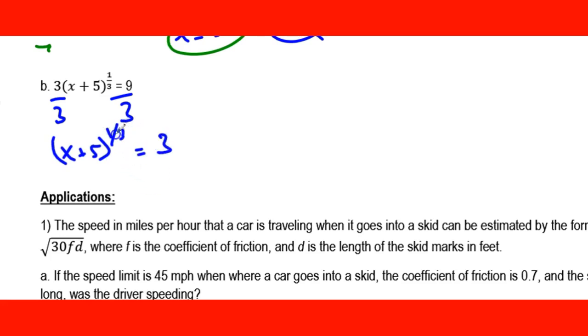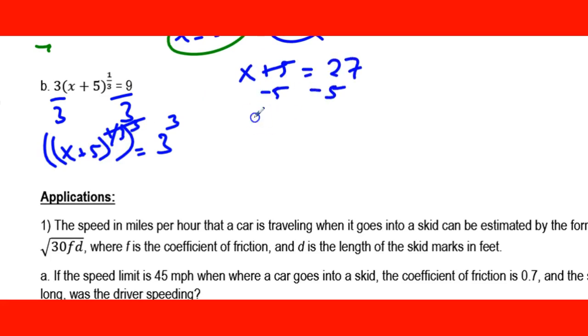Then to get rid of this 1/3, we're going to raise both sides to the 3rd power. That cancels, and I'm left with x plus 5 equals 27. Now subtract 5, and you have x equals 22.